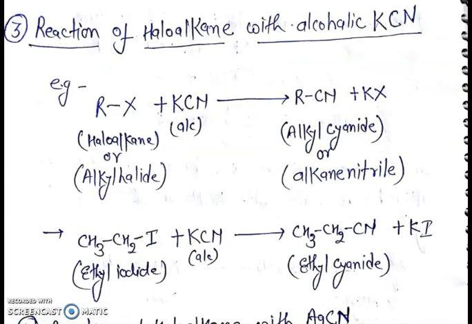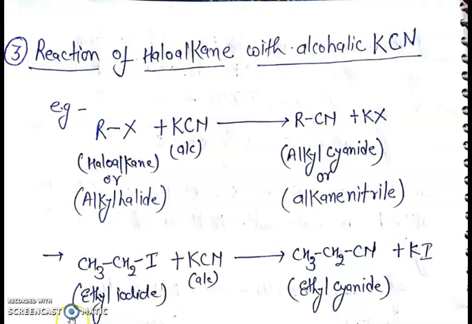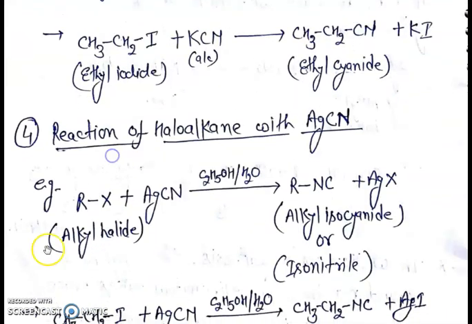Third, reaction of haloalkane with alcoholic potassium cyanide. The general reaction is given when haloalkane or alkyl halide reacts with alcoholic potassium cyanide to give alkyl cyanide or alkane nitrile. The example is when ethyl iodide reacts with alcoholic potassium cyanide to give ethyl cyanide. Fourth, reaction of haloalkane with silver cyanide.